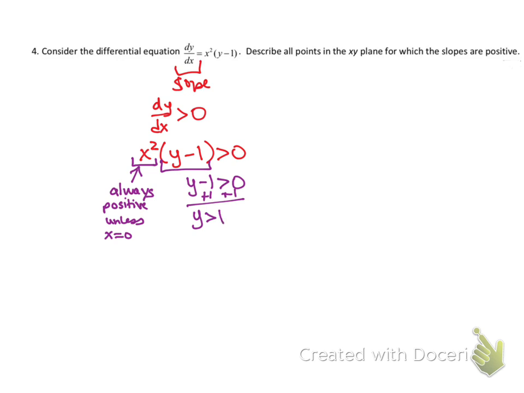So my answer for this question is, by the way, this was a portion of an old free response question on an old AP exam. So the answer for this would be when x is not equal to 0 and when y is greater than 1.